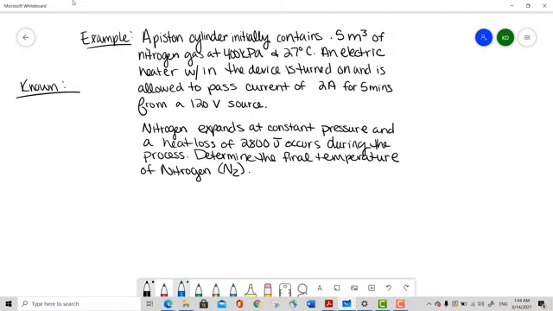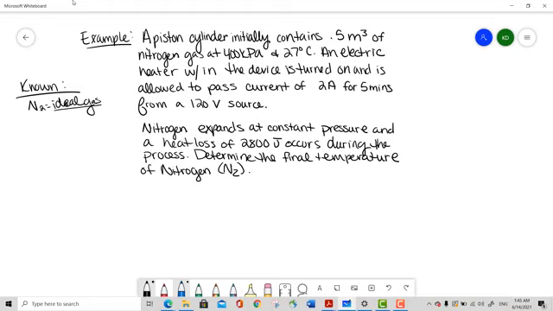Okay, so we know that nitrogen is an ideal gas. So we know that right off the bat. I always want that to come as a red flag because we know that ideal gases are special circumstances in special situations, so it's going to narrow down your window of available formulas.